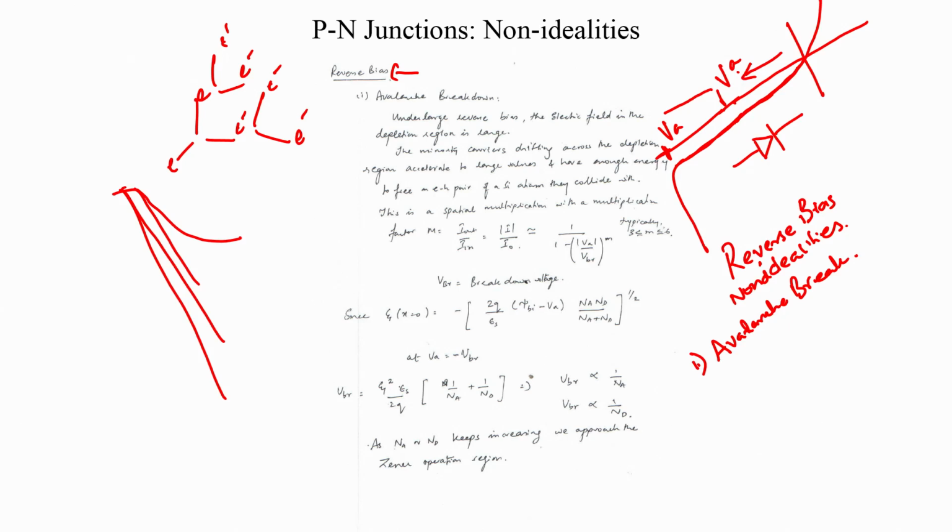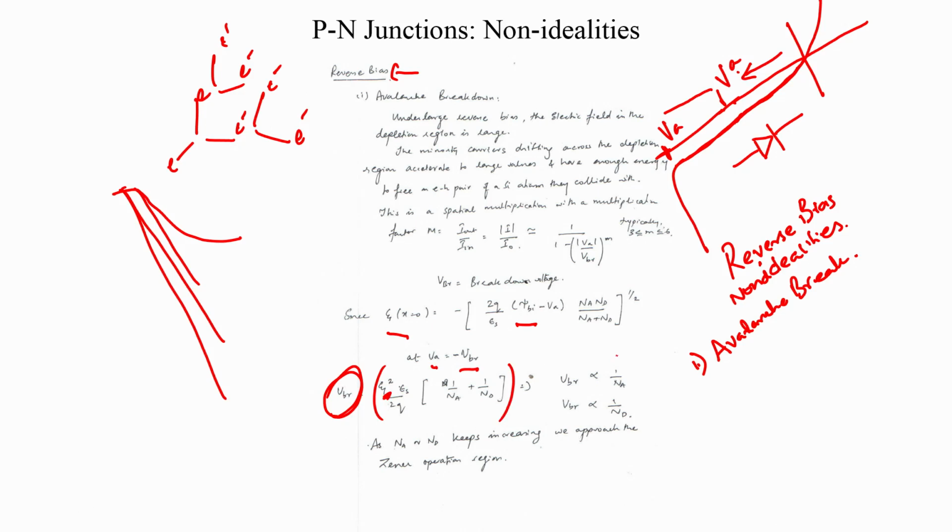is defined in terms of the electric field that is needed to break the semiconductor down. At VA equal to VBR, using your regular expression of electric field, and if you write your electric field in terms of the built in potential, you have this expression, and therefore your breakdown voltage is given by this term where the electric field is now large enough to create a breakdown.